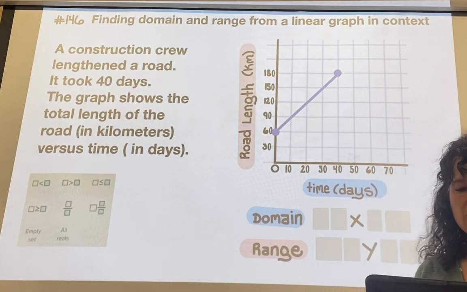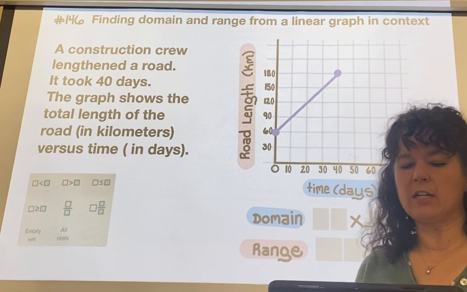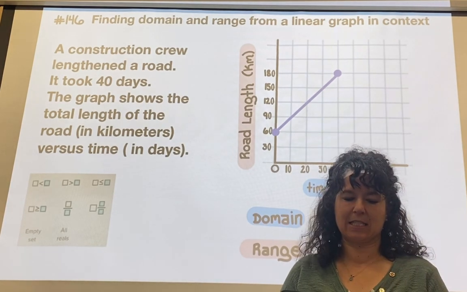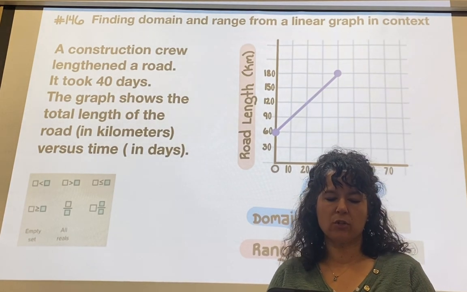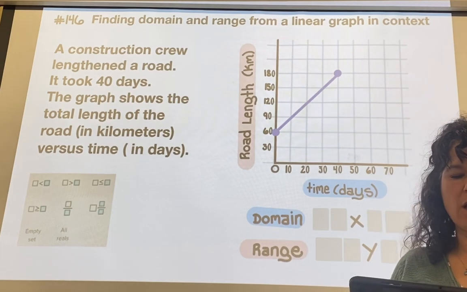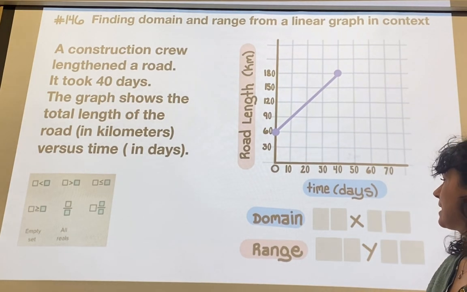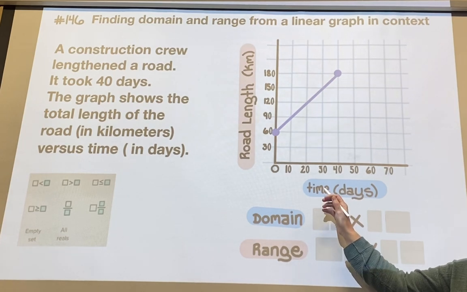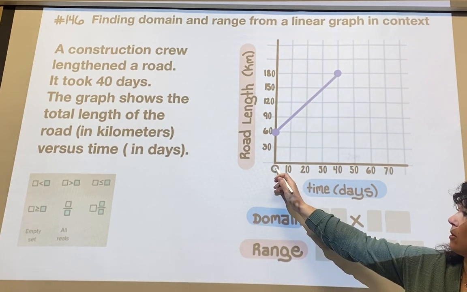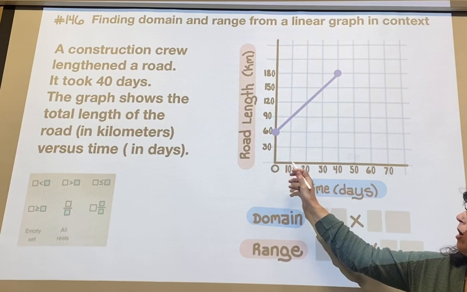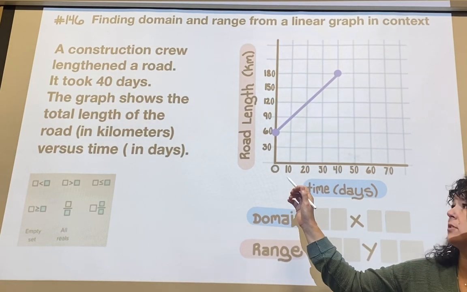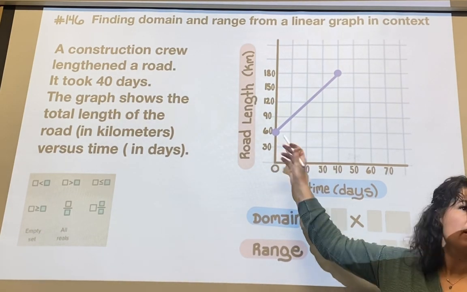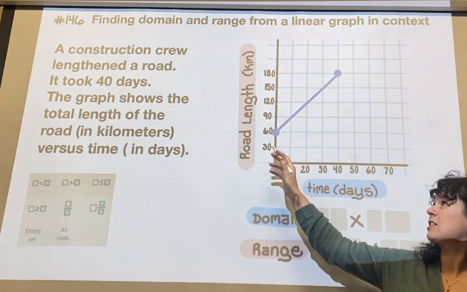Okay, then a construction crew lengthened a road. It took 40 days. The graph shows the total length of the road in kilometers versus the time in days. So if our domain is about the X, what is the smallest X value that's been plotted? Like, what's the coordinate here?